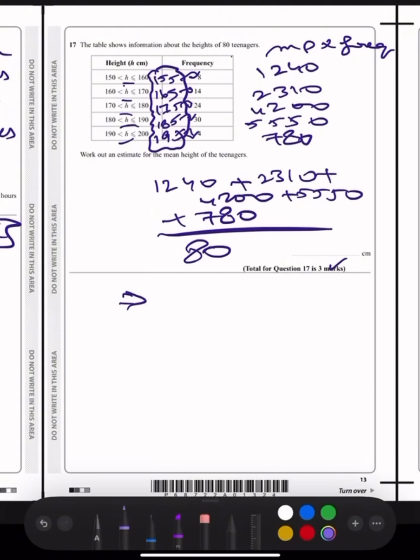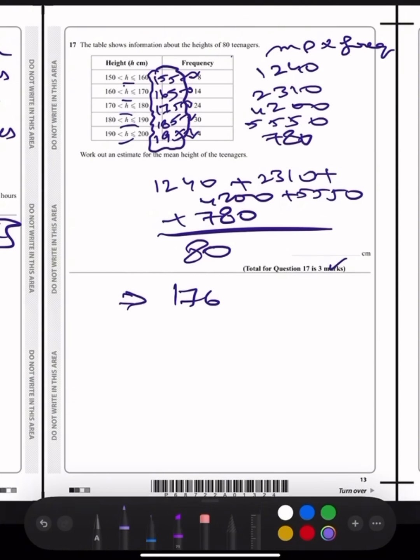Definitely it's possible for you guys to get your answer more quickly, because right now I have a calculator. So I'll just check on my calculator as we're solving it together. For this one, you will get the answer of 176.